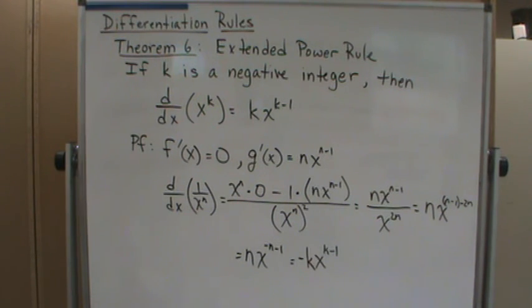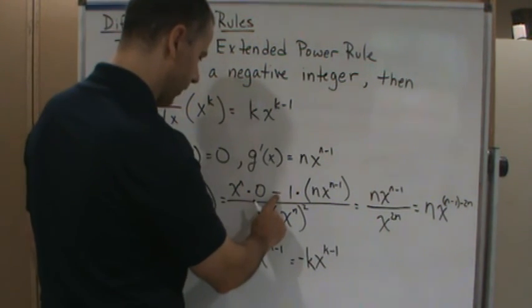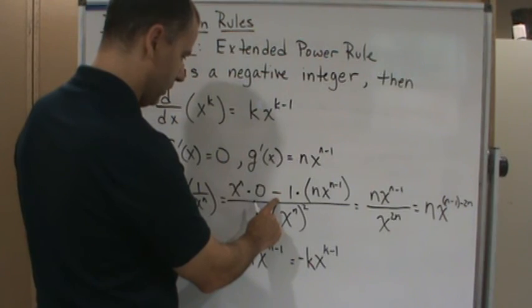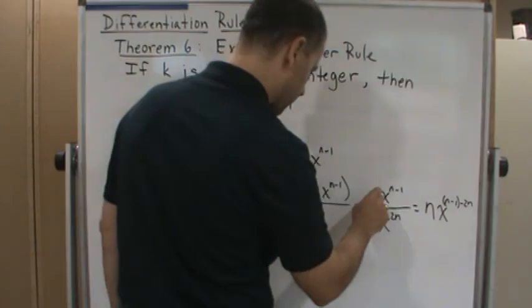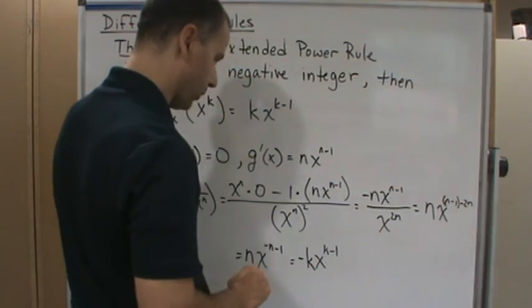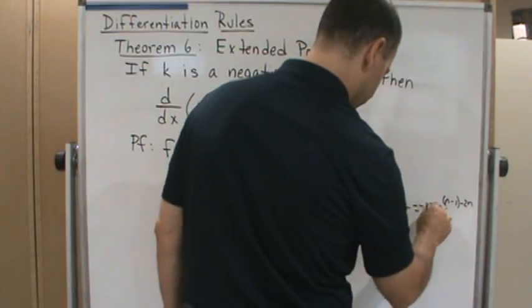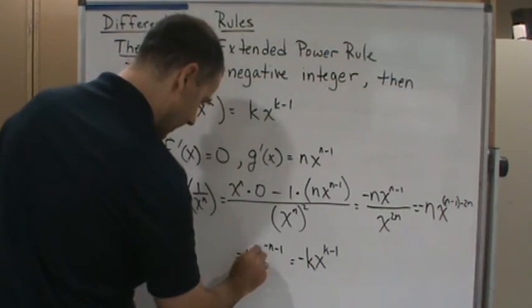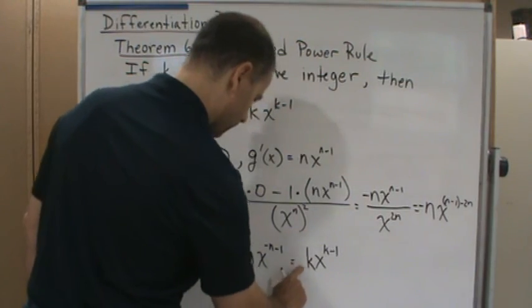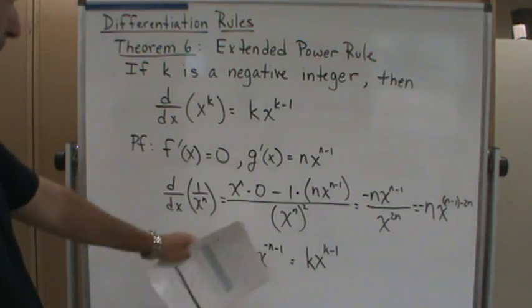Oh, I'm sorry, I forgot the negative here. So this is negative, this is negative, this is negative, and then of course this becomes positive. And there we go, there's the result.